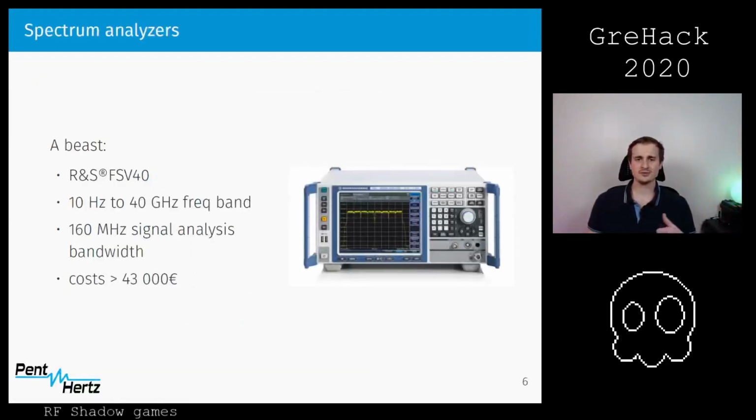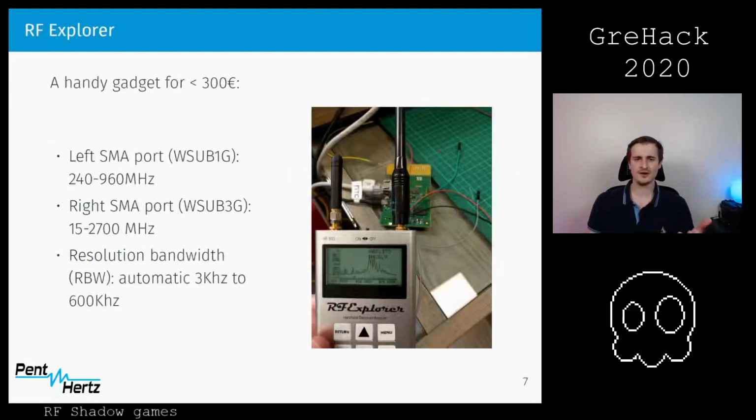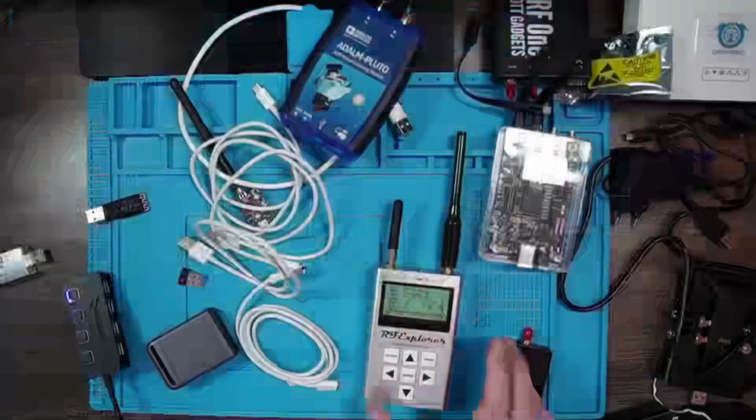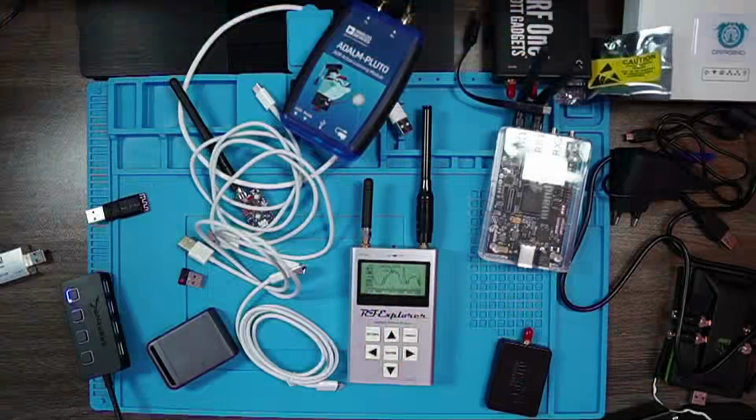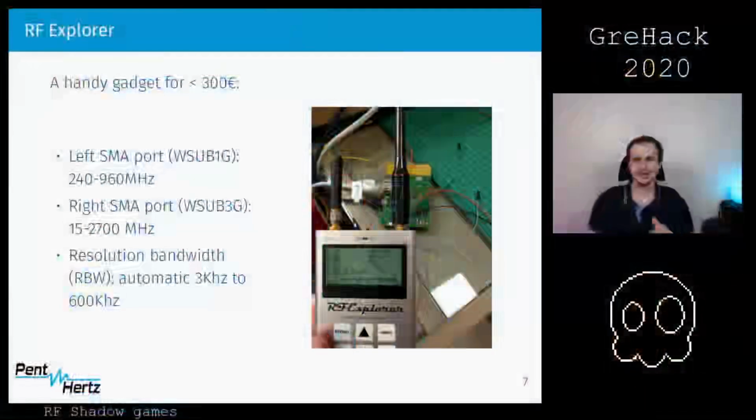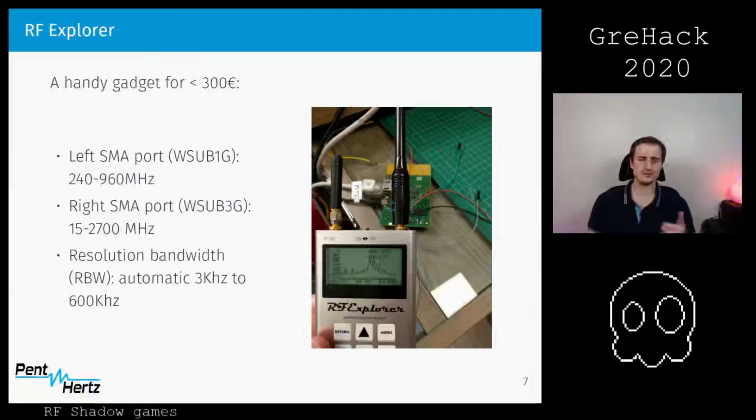The first thing that you have to use when you want to scan or see what is in the air is a spectrum analyzer. You can find some spectrum analyzers like the Rohde & Schwarz one that you can see here, which is pretty expensive. Or there are others like the RF Explorer, which here is scanning the Wi-Fi frequency right now, and that costs around €100 or €300.